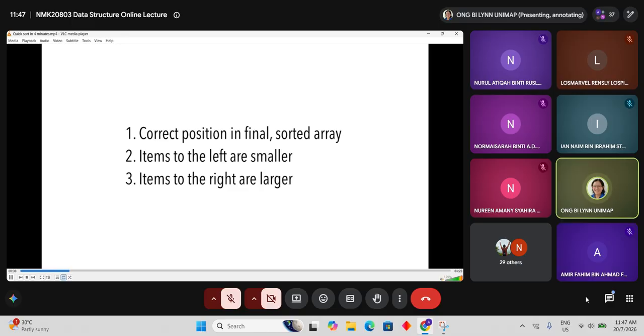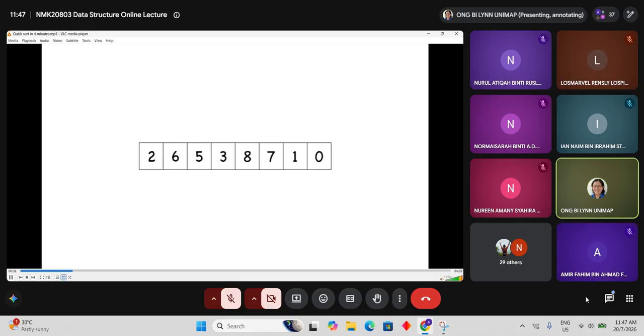Let's look at an example. We're asked to sort the following array. Let's choose a pivot. I'll explain the best way to do this later, but for now, let's just choose 3. First, we move the pivot to the end of the array to get it out of our way. Next, we're going to look for 2 items. Item from left, which is the first item starting from the left that is larger than our pivot.